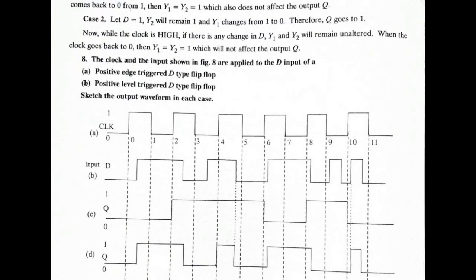Next question is, the clock and the inputs shown in figure 8 are applied to the D input of the positive edge triggered D type flip-flop and the positive level triggered D type flip-flop. Here we have to sketch the output waveform in each case. So here we consider a clock pulse.